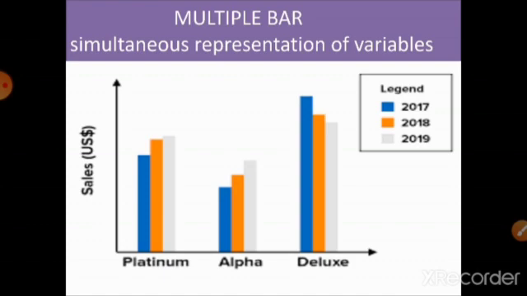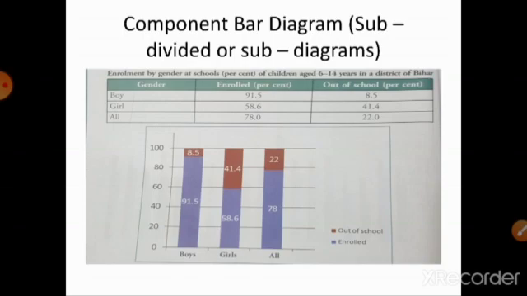So each and every year you can see the sales which take place between the three variables. So the three variables' information is given in a single diagram, which is called a multiple bar diagram. Understand? The next one is the component bar diagram.